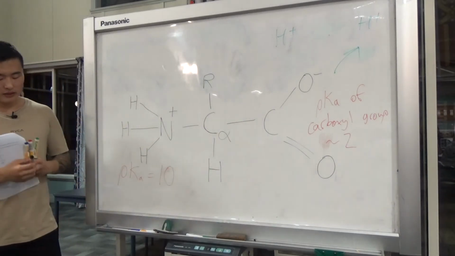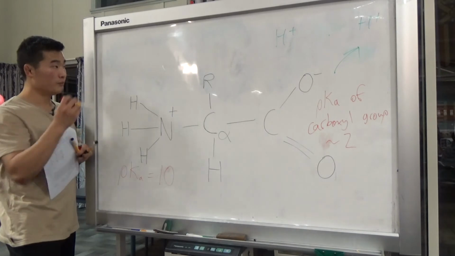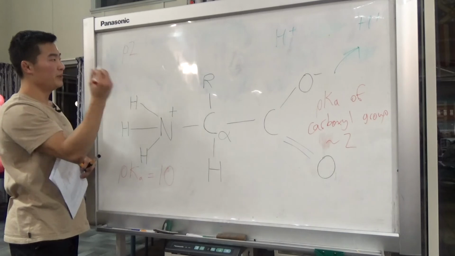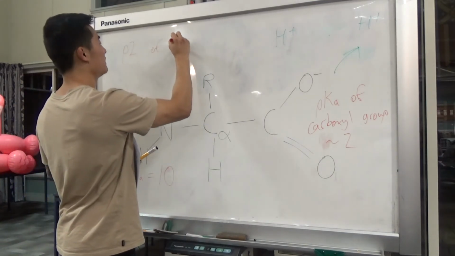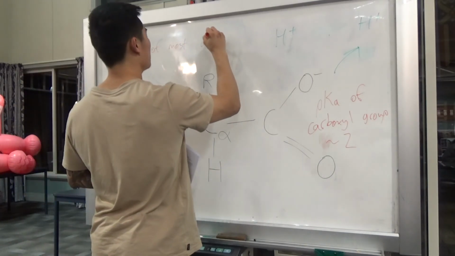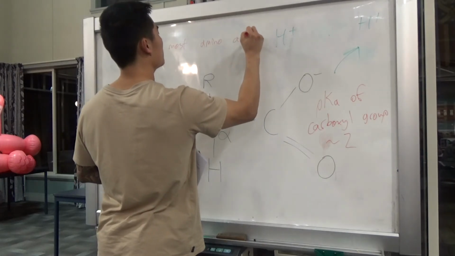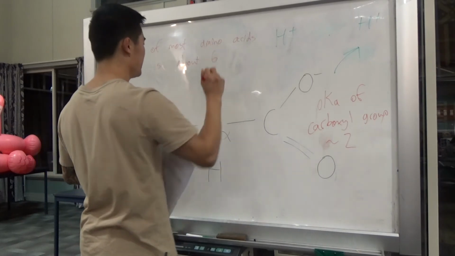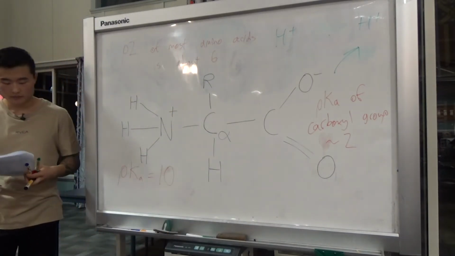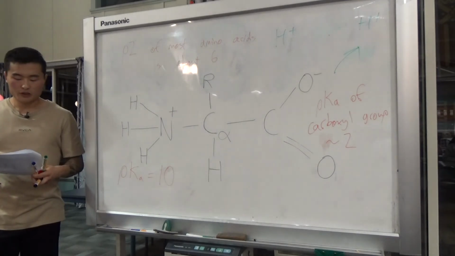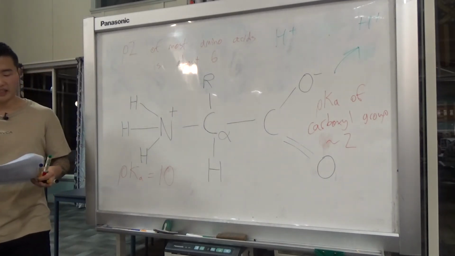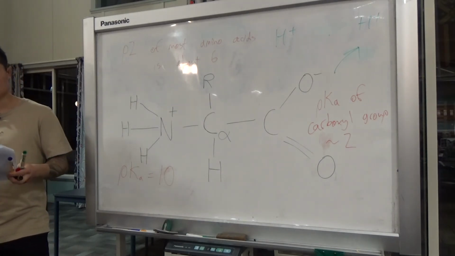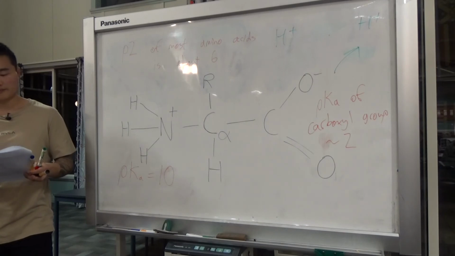Okay, so the pI of most amino acids, sorry, I keep saying pKa, but I mean pI, is about 6. Okay. So that means that at a pH of 6, it's most likely to be electrically neutral.